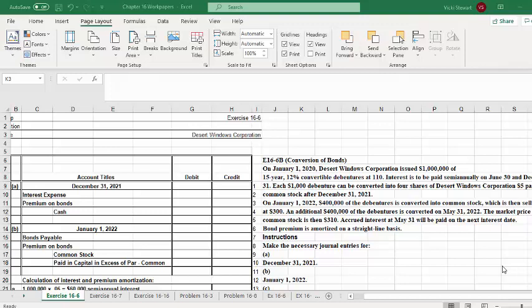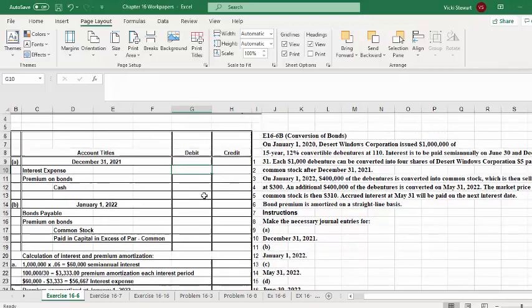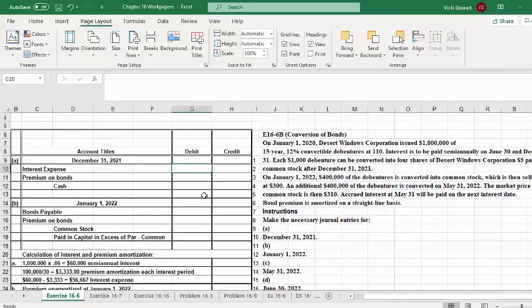Bond premium is amortized on a straight line basis, and the instructions state to make the necessary journal entries for first, A, December 31st, 2021. So on December 31st, 2021, we will be recording the semi-annual interest payment on the bonds.